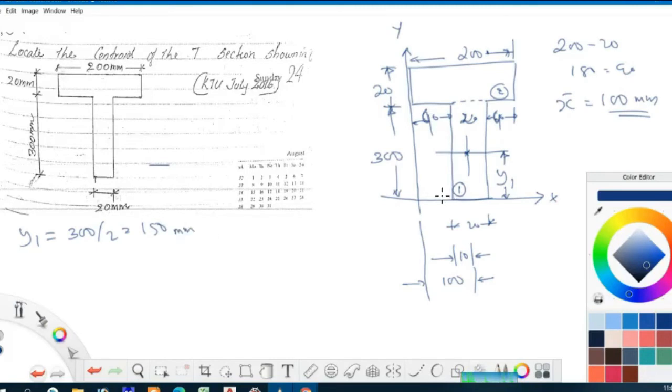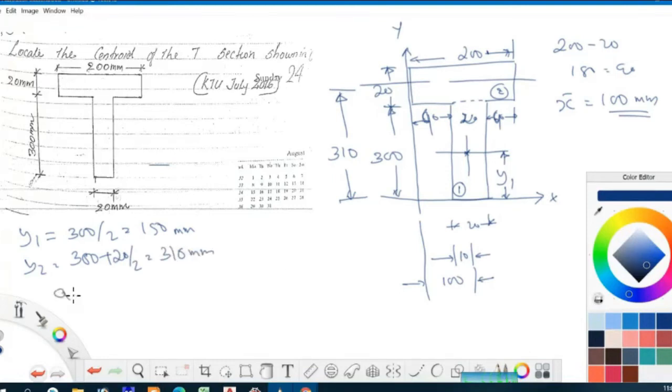And y2 is the centroid of the second rectangle, 300 plus 20 by 2, which is 310 mm.